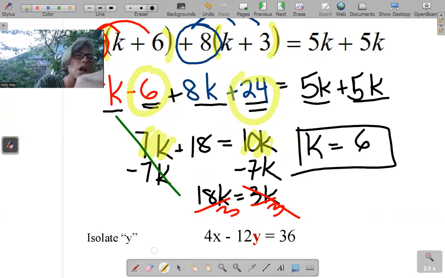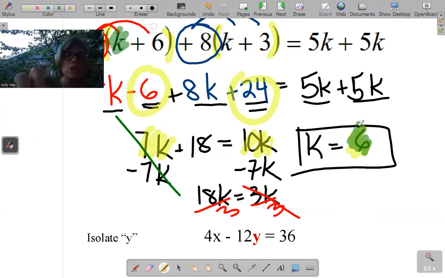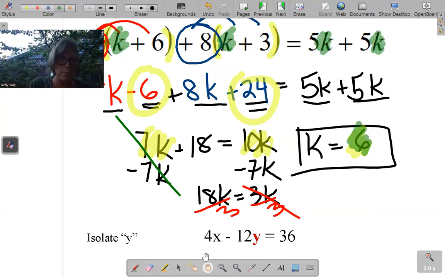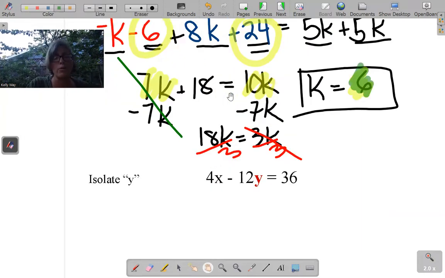What's really nice with solving for variables, if this was a test, you can always take that variable and plug it back into the original equation and everything will balance out. So it's really easy to check your work. That's solving for a single variable.